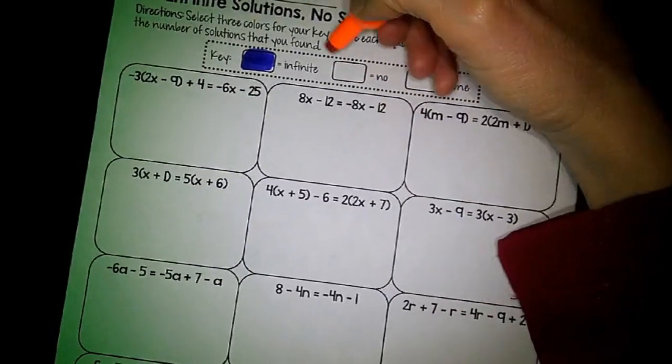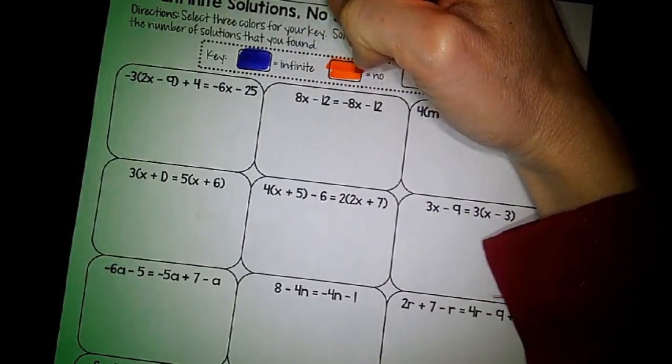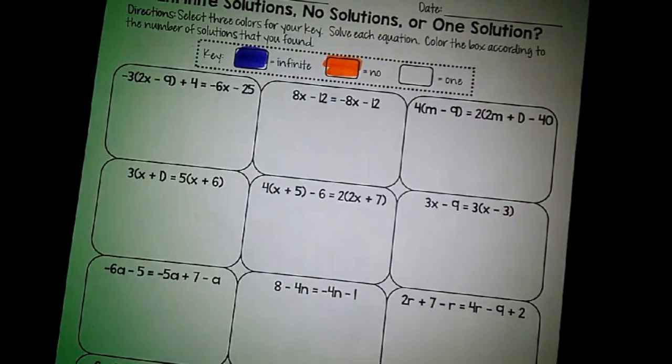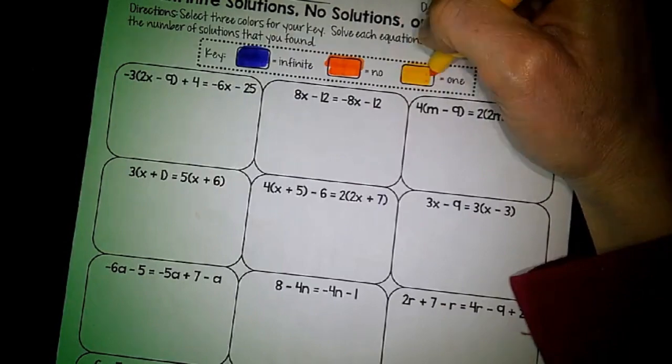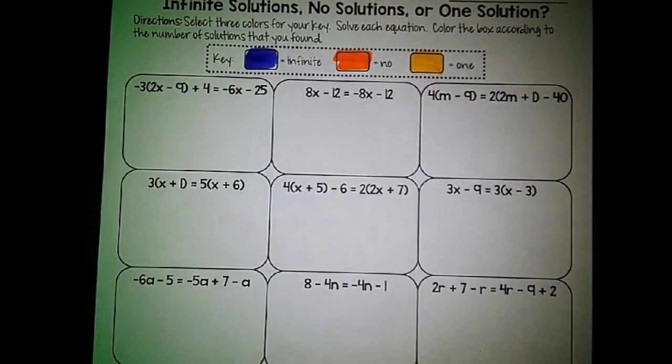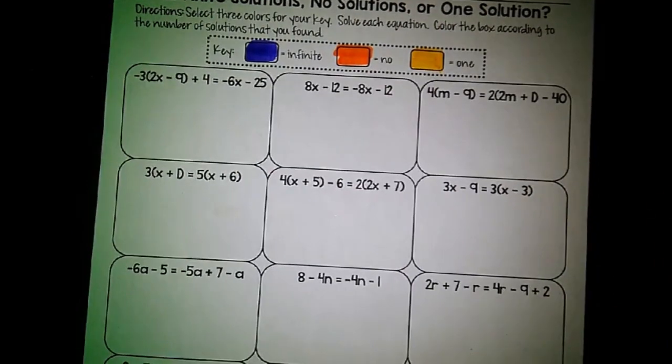My nodes are going to be orange. And my one solution is going to be yellow. Okay, so let's look at the first one. If you need colors or crayons or something, you can come get some.